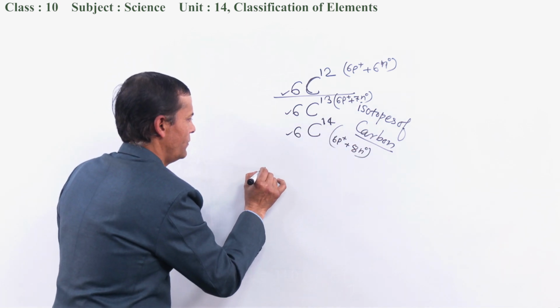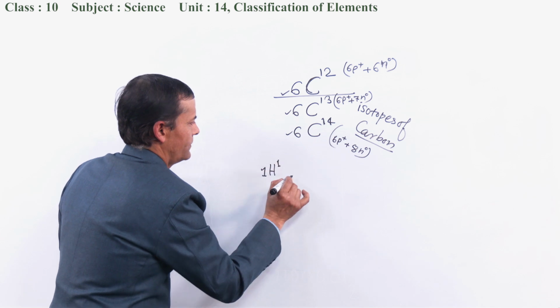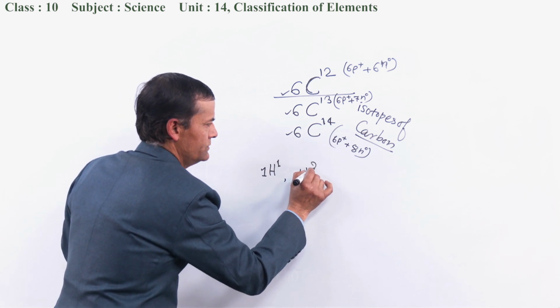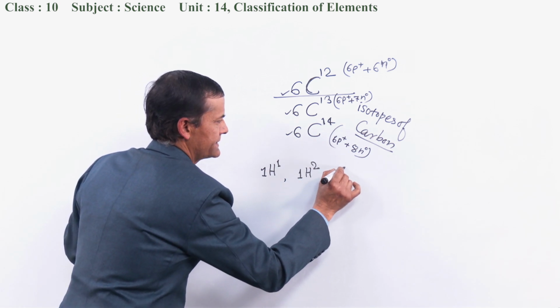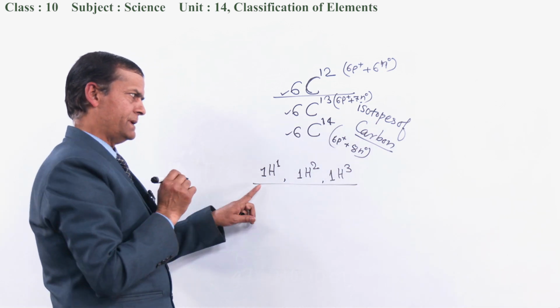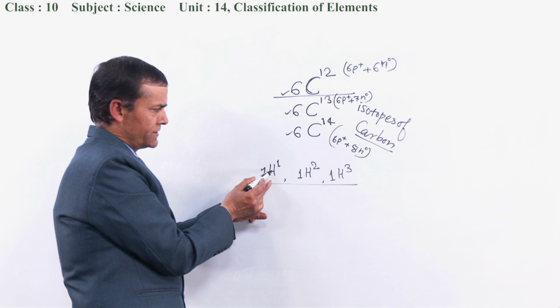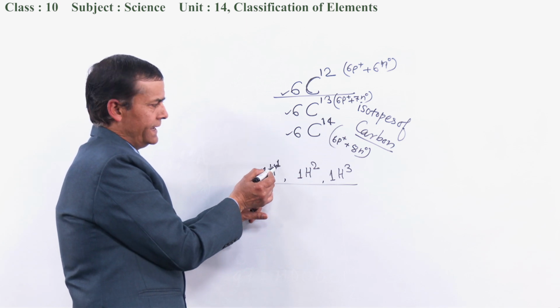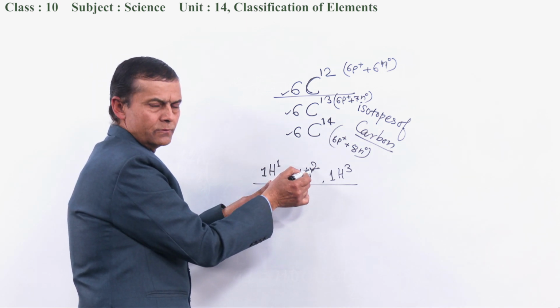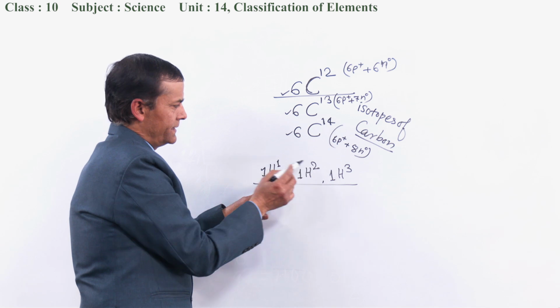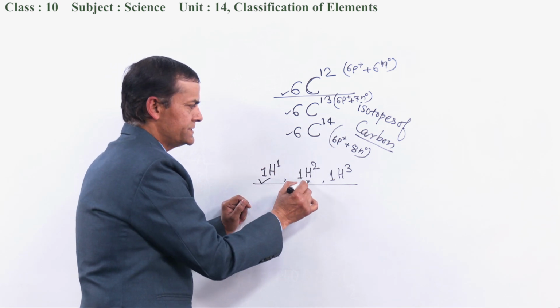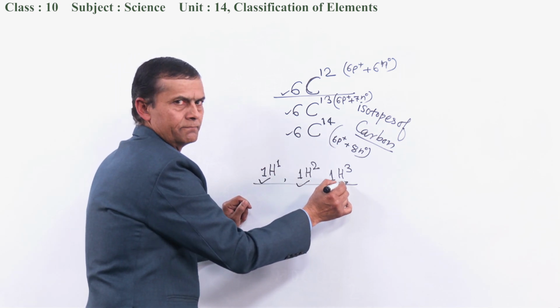Similarly, do you know 1H1, 1H2, 1H3? Look at it. Which element is it? Hydrogen. Hydrogen also has 3 isotopes. Atomic number 1, atomic weight 1. Atomic number 1, atomic weight 2, 1 proton, 1 neutron. It is protium, it is deuterium, this is tritium, isn't it?